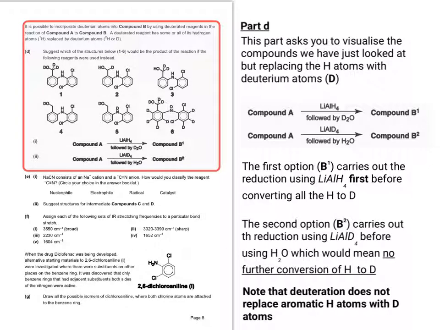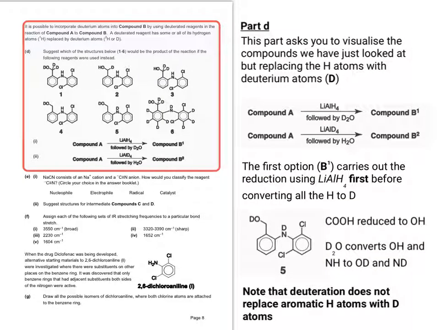Your first option carries out the reduction using LiAlH4 first, before converting all the H to D. The second option carries out the reduction using LiAlD4 before using H2O, which would mean no further conversion of H to D. So it's important to remember, if you look at all the structures, that you don't actually change the aromatic hydrogens into deuterium.